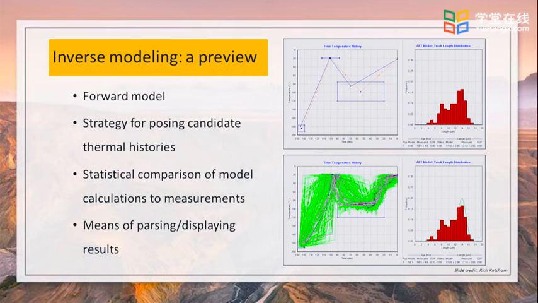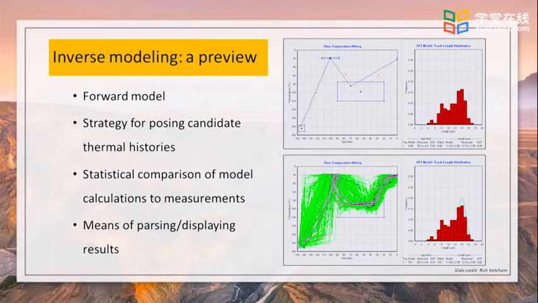In these slides, we will show the basic rules of how HeFTy does inverse modeling, as a preview. Different from forward modeling, for inverse modeling the strategy is proposing candidate thermal histories.